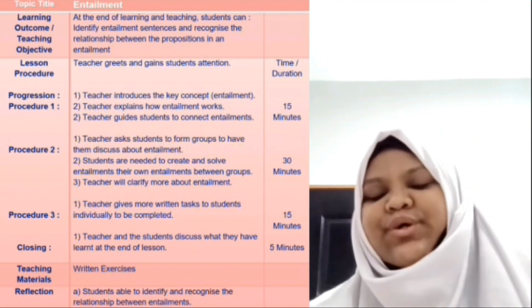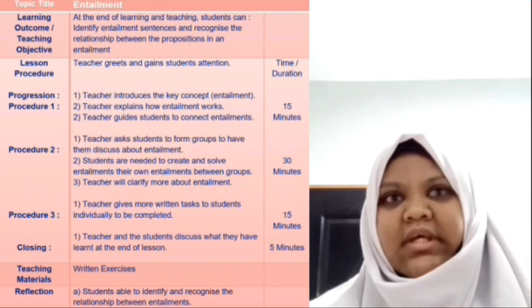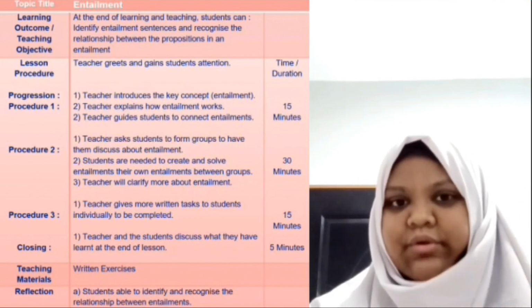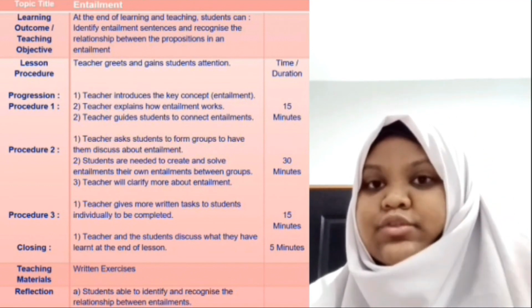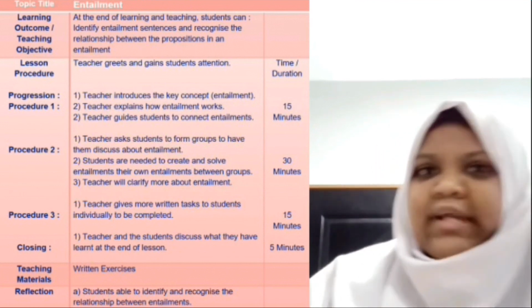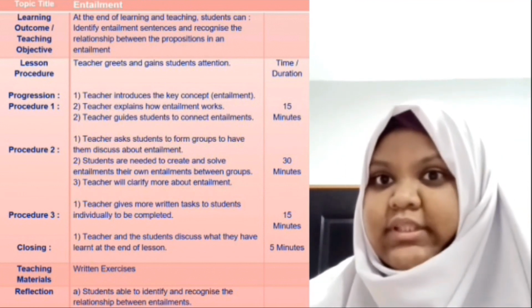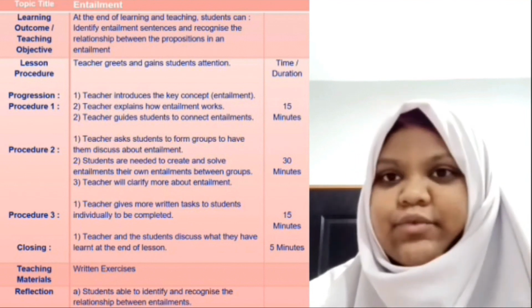As for the conclusion, semantics is the core subject for our course. And entailment is also under semantics, right? So we already know that semantics deals with words, the meaning of words. It is the study of the meaning of words, phrases, or sentences.